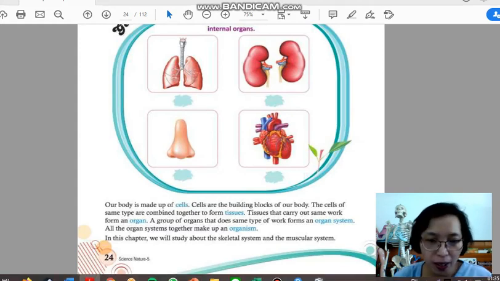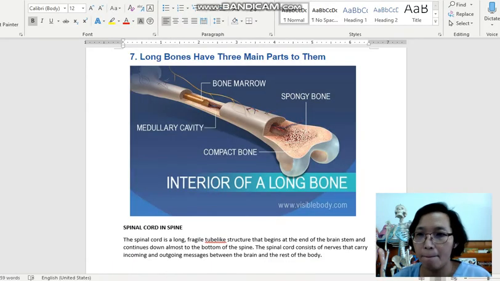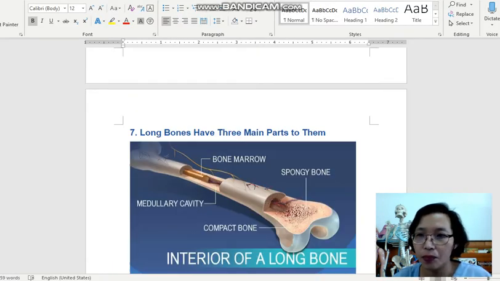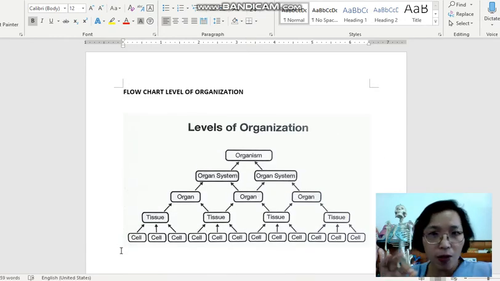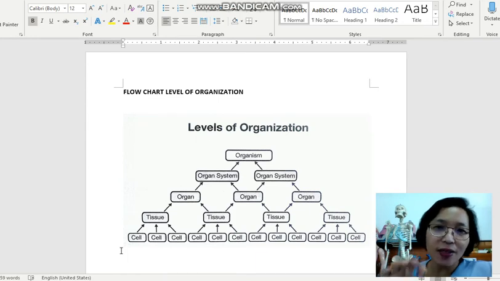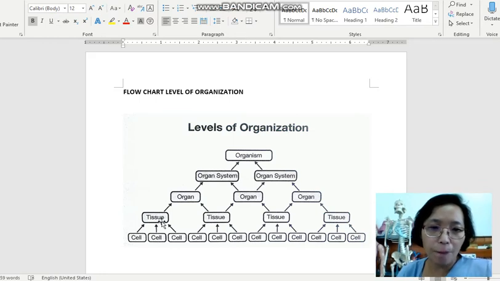So let me explain again the levels of our body organization. We start from the smallest thing, we call it cells. Cells of the same type work together to make up tissue. Tissues work together to make up an organ.